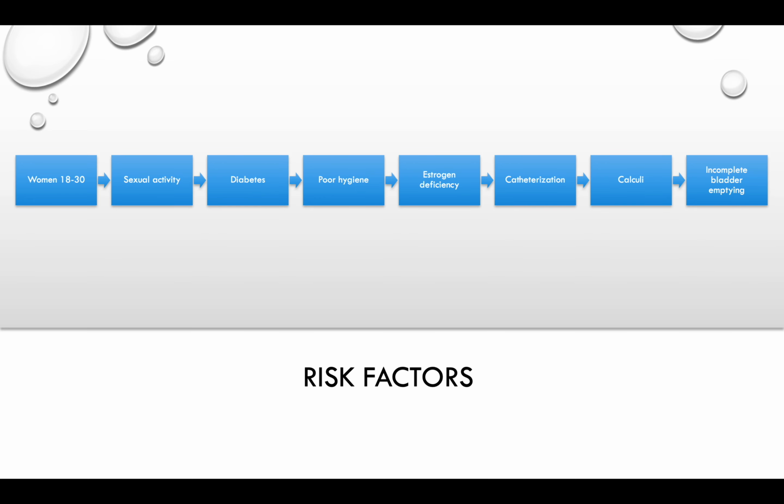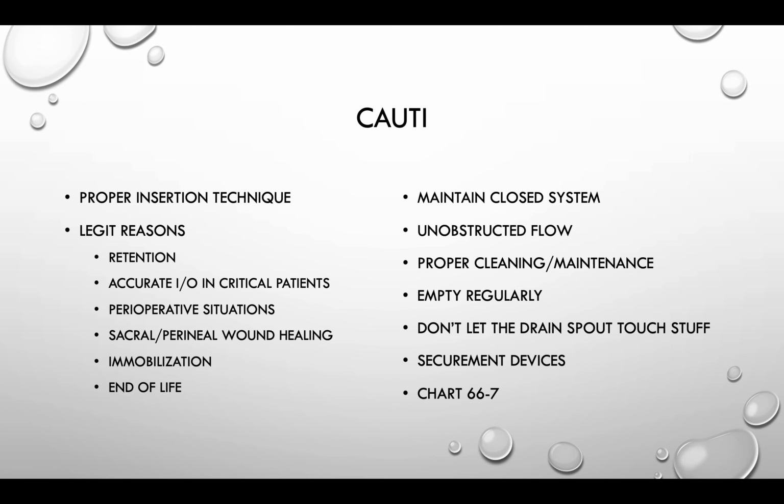One group of individuals who can have this happen are pregnant women, simply because the baby, as it grows, starts to push on the bladder. If you're a woman, you've been pregnant, you've probably felt them jumping up and down on your bladder from time to time, but it is something that can occur with pregnancy, that incomplete bladder emptying.